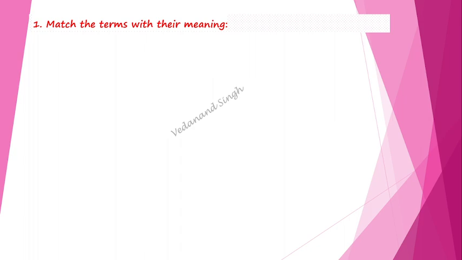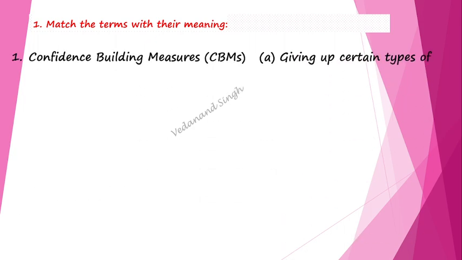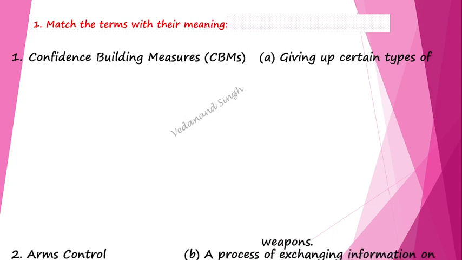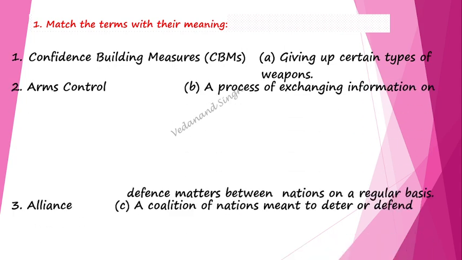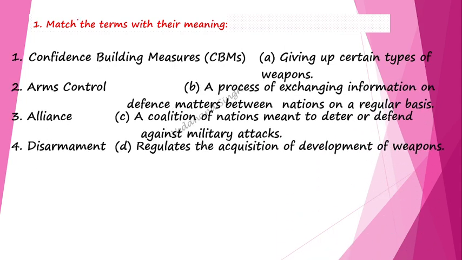The first question is a matching question. Match the terms with their meanings, which means there are some statements and we have to match them with the given terms. The first term is confidence building measures (CBMs), the second is arms control, then alliance and disarmament.